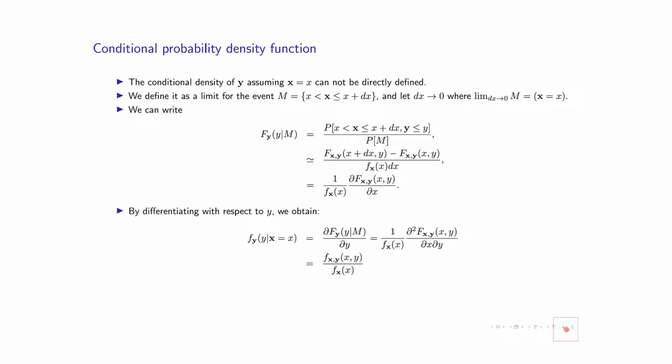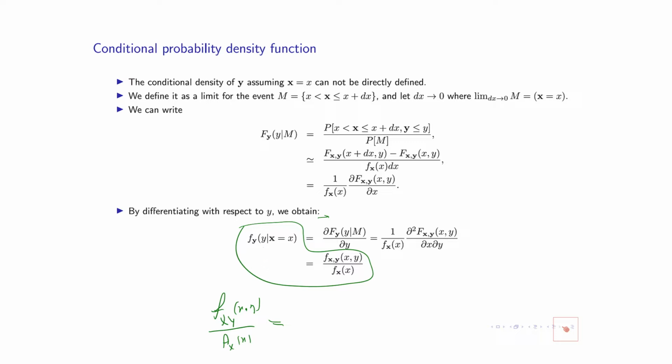This is event M, and dx is very tiny, going to 0. So what I get here now is the conditional PDF of one random variable given another one. The joint PDF f_XY of x and y, divided by the marginal PDF f_X of x, gives you the conditional distribution.